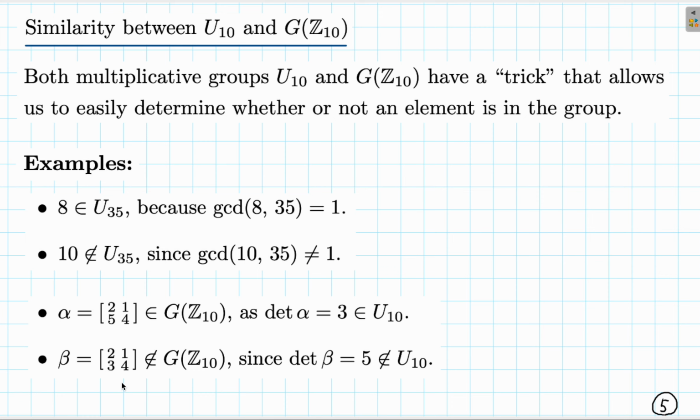Its determinant is 8 minus 3 or 5, which is not in U10, and therefore we can conclude that beta doesn't have a multiplicative inverse and therefore not in G of Z10. So that's the trick with matrices. We look at its determinant, and that helps us determine whether or not it has a multiplicative inverse. So that's another similarity between U10 and G of Z10.